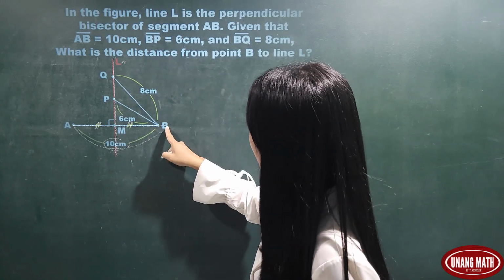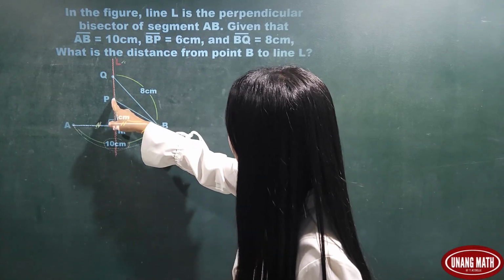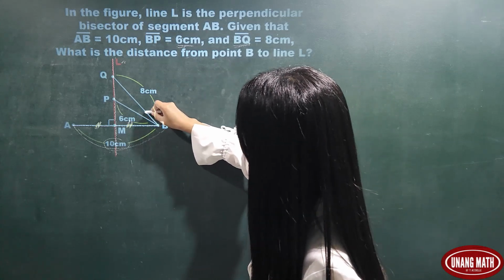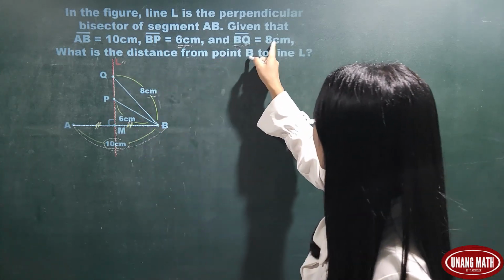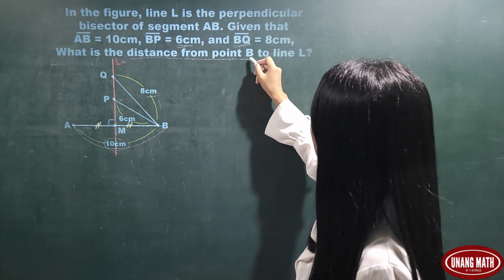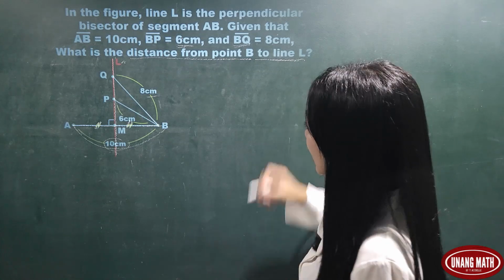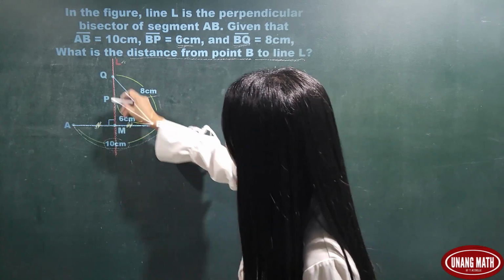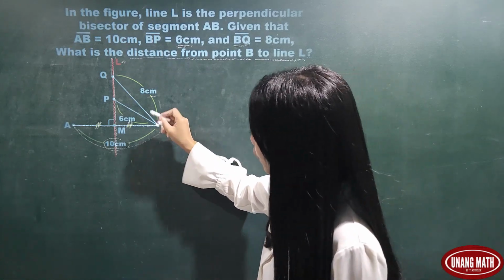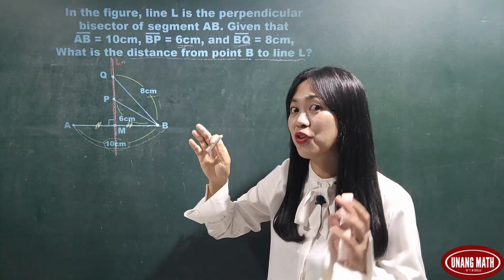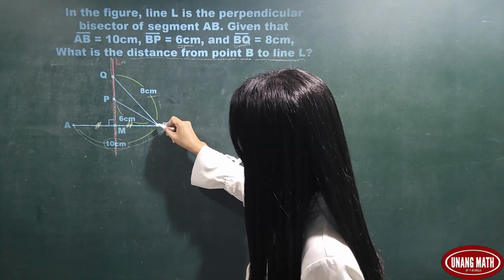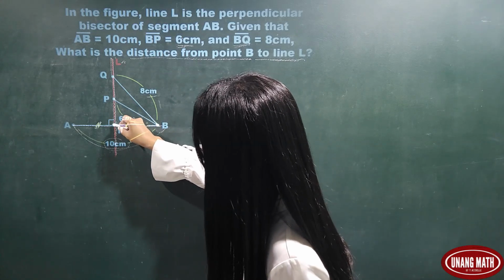BP, here until here is 6 centimeters. BQ, from this point up to this point is 8 centimeters. The question is, what is the distance from point B to line L? Take note, from point B to line L, we have to get the shortest distance, or the distance from B to the foot of the perpendicular.